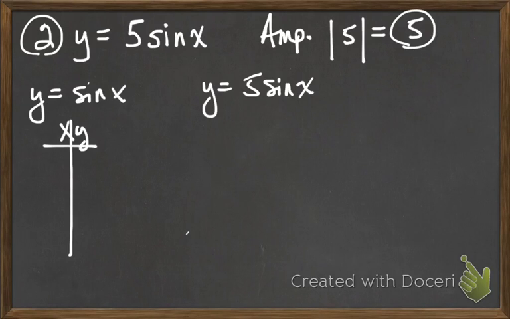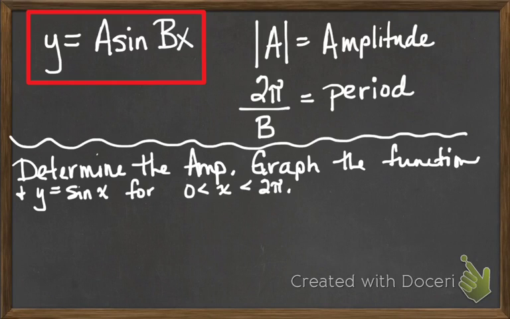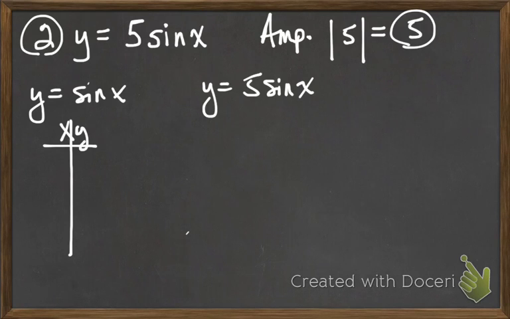It tells us that we're going to graph from 0 to 2 pi. That was in the directions. So that's what I'm going to pick for my x's. Alright? And I'm going to go in increments of 90 degrees. So I'm going to do 0, and then pi over 2, then pi, then 3 pi over 2, and then 2 pi.